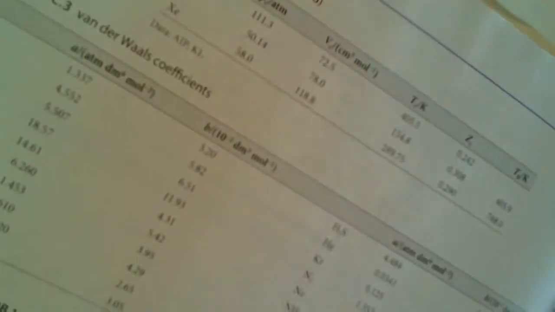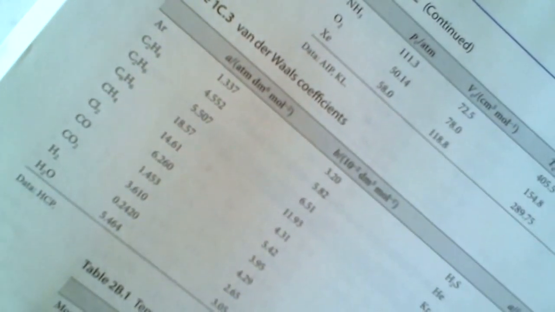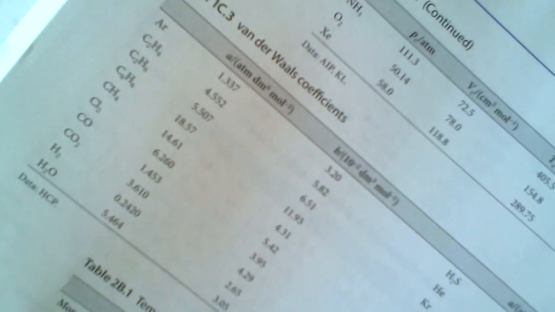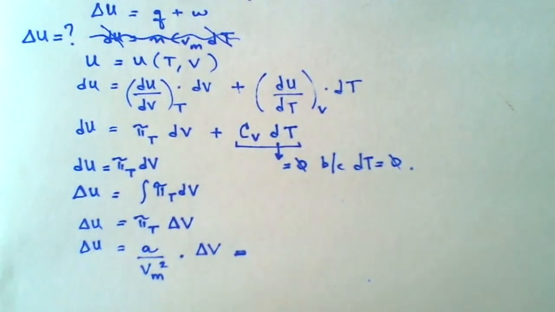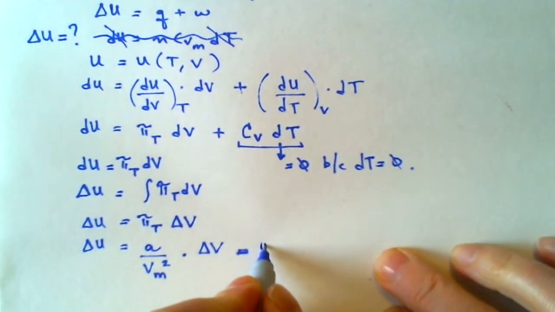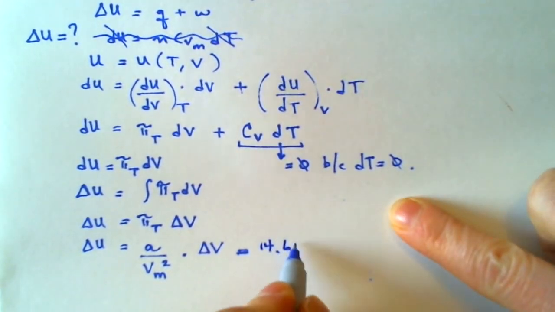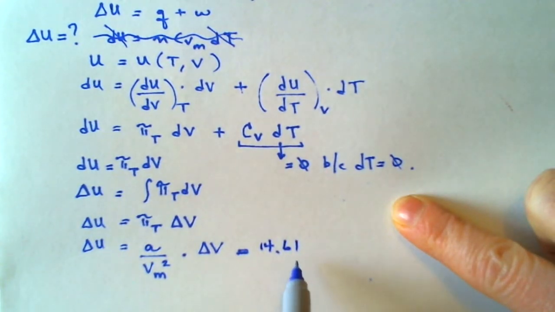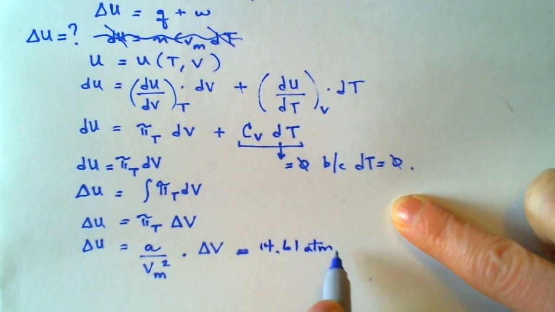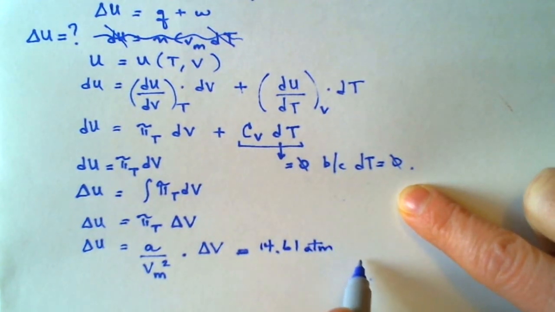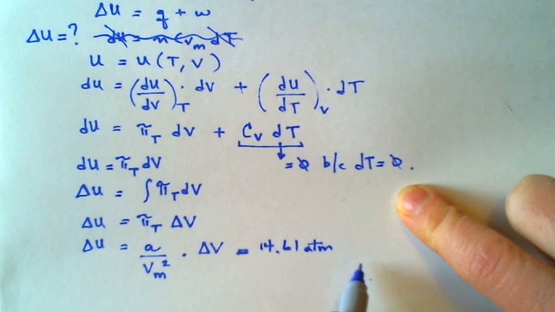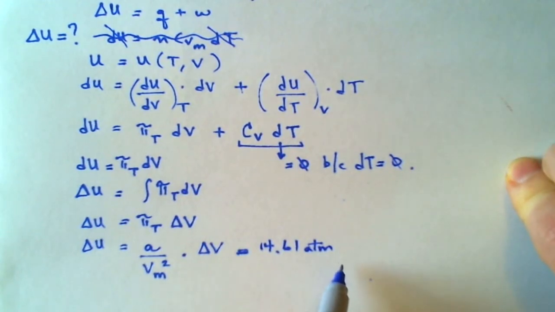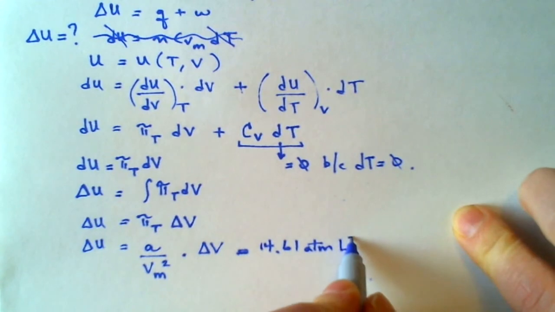And so, I'll just show you. So for methane, CH4, A is 14.61. Okay. Put that out of the way. 14.61, and the units were atmosphere decimeter to the sixth, and so decimeter to the sixth is the same as liters squared.